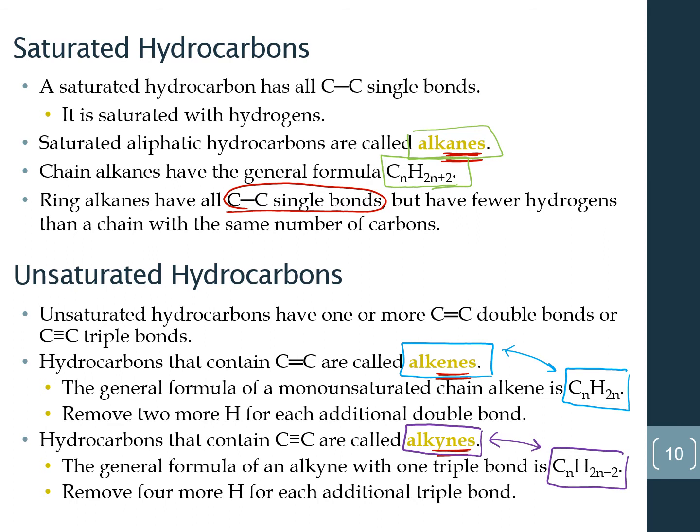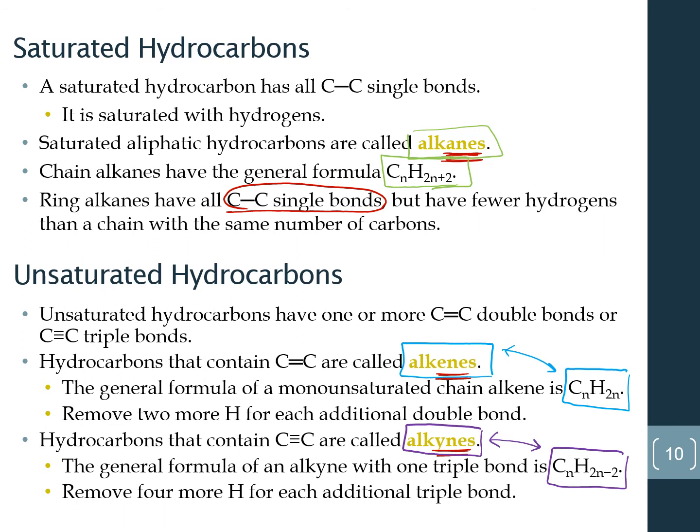Say 5. If you have 5 carbons for an alkane, how many hydrogens are you going to have? If n is 5, you can calculate the number of hydrogens: 2 times n plus 2. So if n is 5, your number of hydrogens is going to be 2 times 5 plus 2, which is 12.